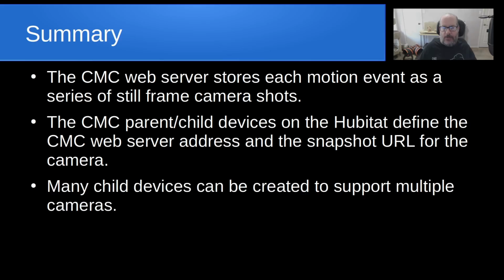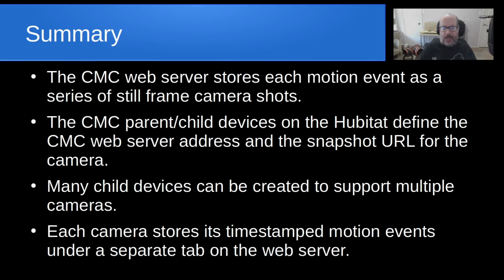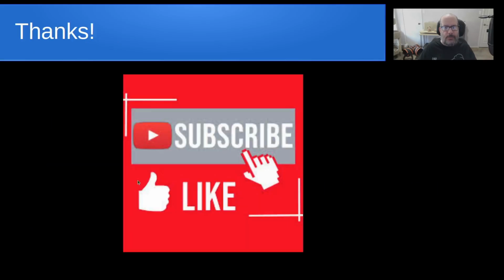Many child devices can be created to support multiple cameras, and each camera stores its snapshot motion events under a separate tab on the web server. Just to be clear, the web server is where all of this data is stored, and it is completely independent from the Habitat itself.